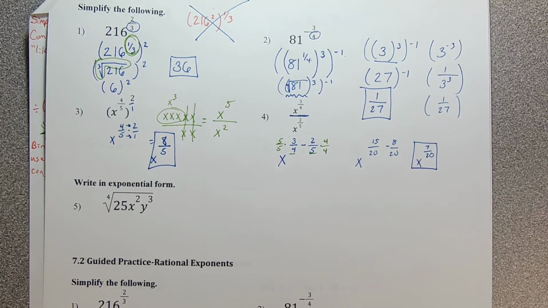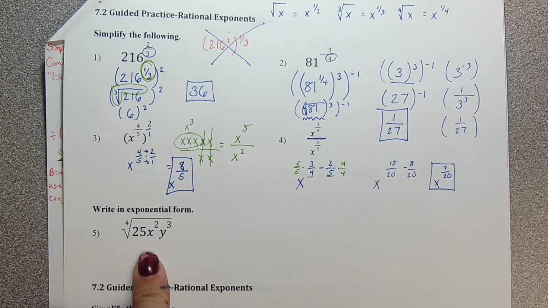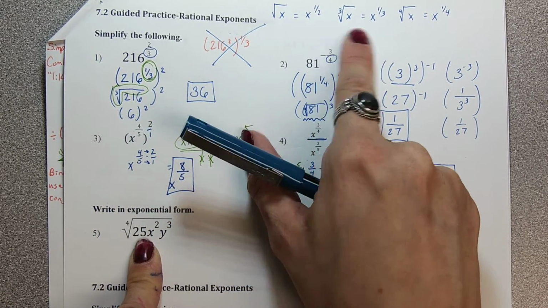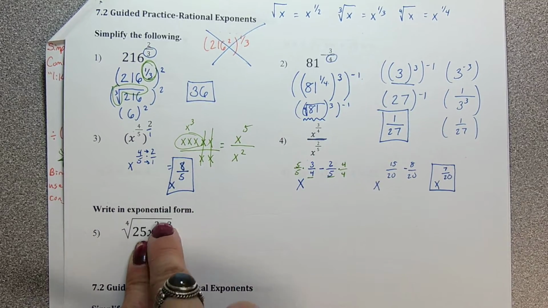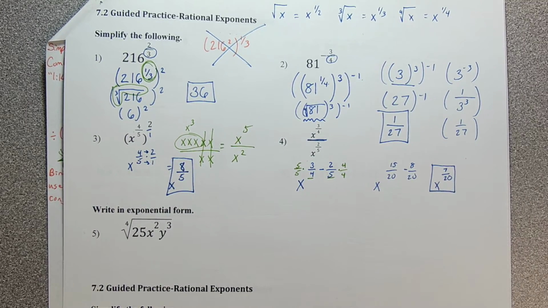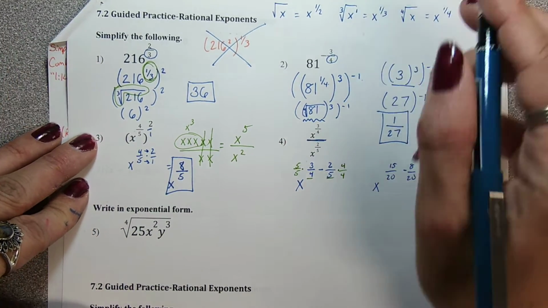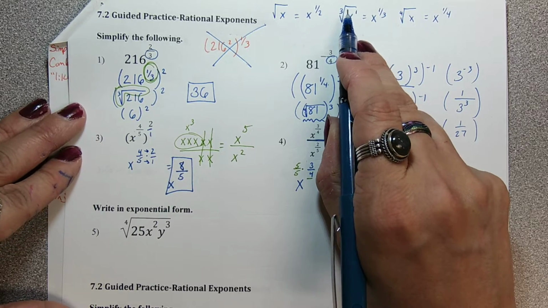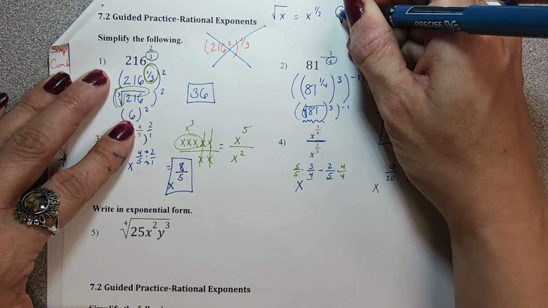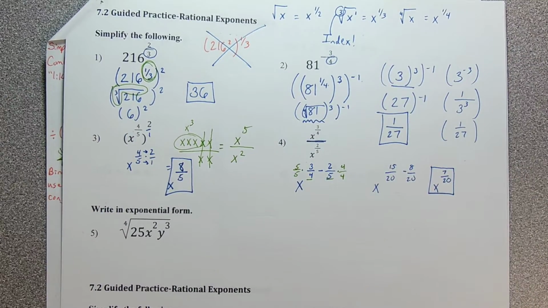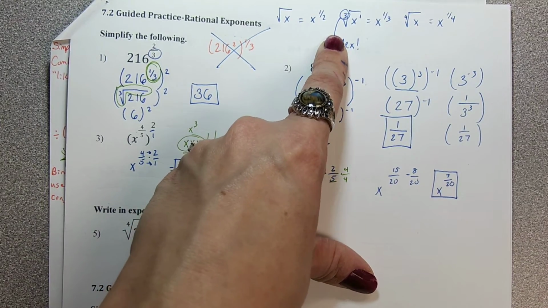Alrighty then, for the very last problem, we are going to be writing this in exponential form. So folks, if you can remember these relationships, this kind of gives you the key from going from radical form to exponential form. We always take the power of the item under the square root divided by the index of the radical. So index. Also, if you didn't take the 7.1 formative yesterday, a really common error that we see both on those and on the test is forgetting to write the index with your final answer.